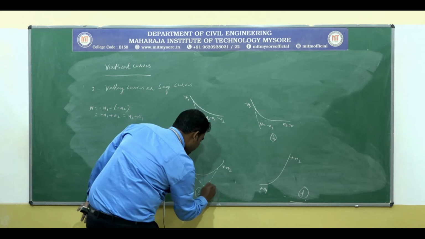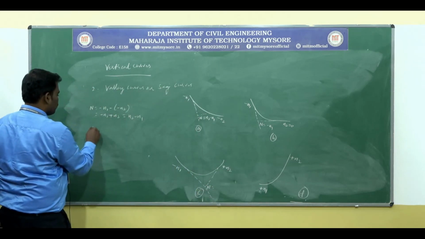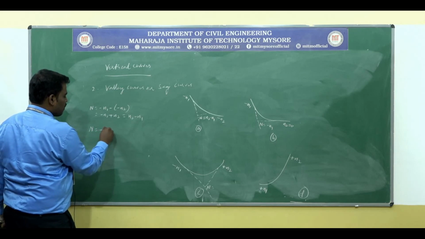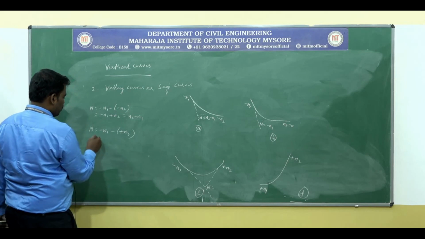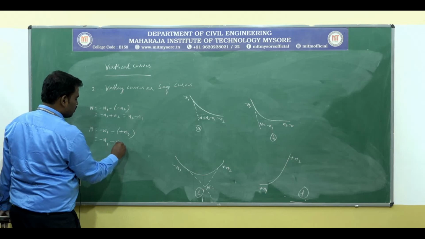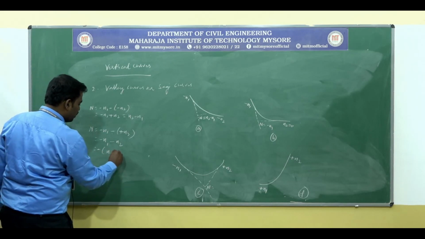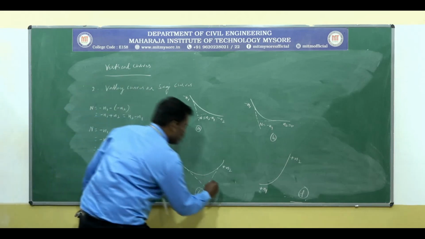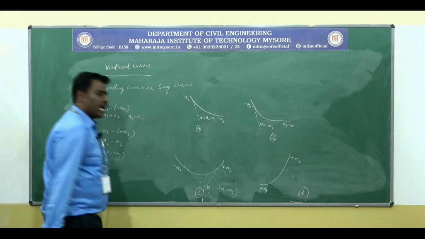The deviation angle n is equal to minus n1 minus of plus n2, which gives minus n1 minus n2. Taking minus common, minus of n1 plus n2 is the deviation angle.